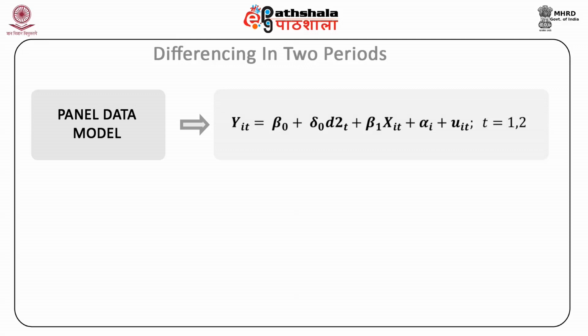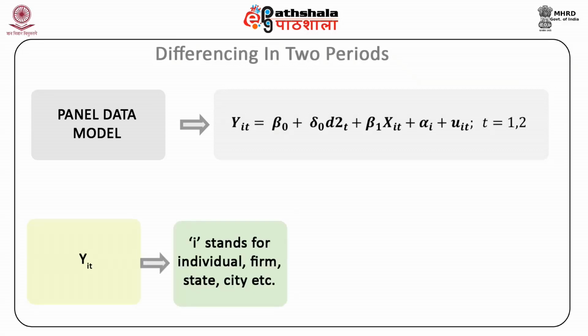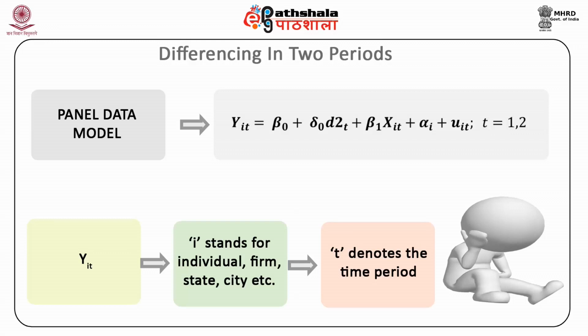In this equation, y_it has i, which stands for individual, firm, state, city, etc., and t denotes the time period. d2_t is a dummy variable that equals 0 when t = 1 and equals 1 when t = 2. Note here, d2_t does not change across i.